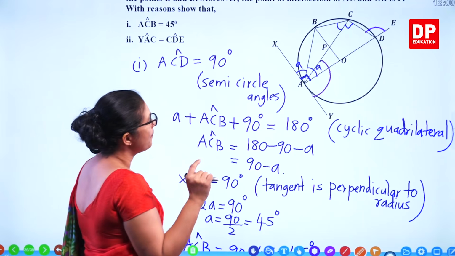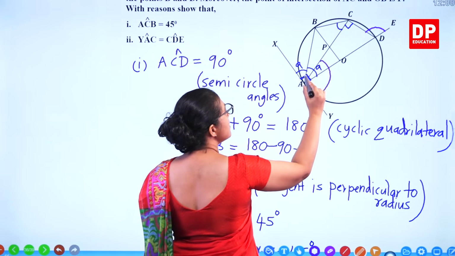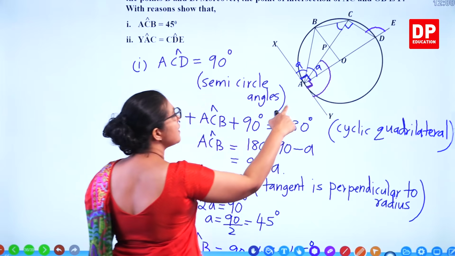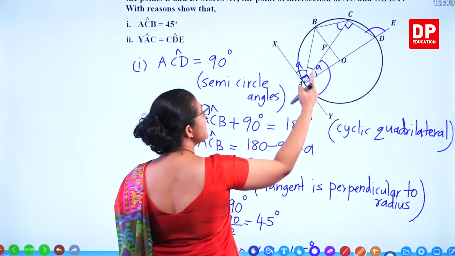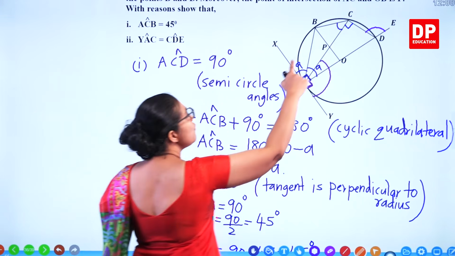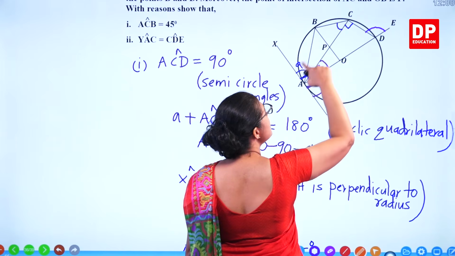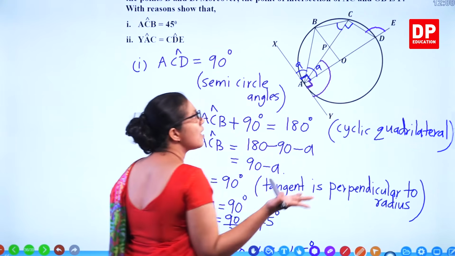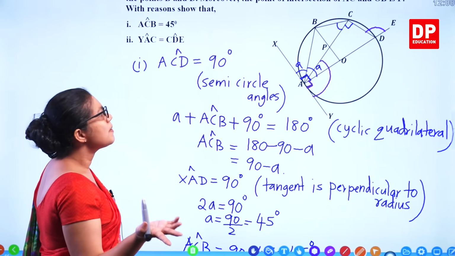It's easy. Now look carefully. This is 90, so what is this one? Angle YAC is 90 plus A. And if you take this triangle CAD, this is the exterior angle, and A and 90 are there. So 90 plus A. Both are 90 plus A.